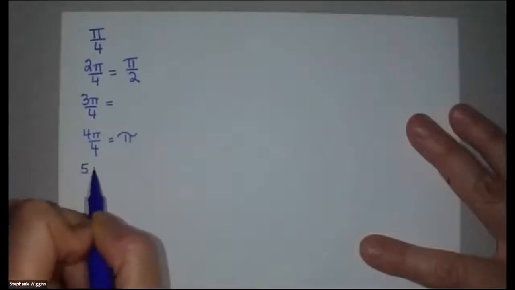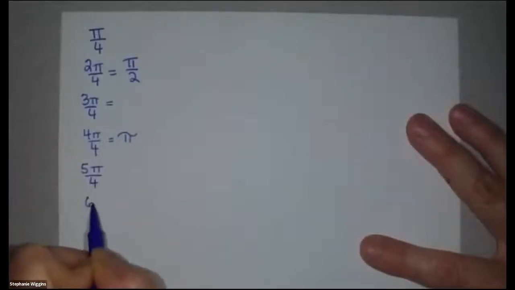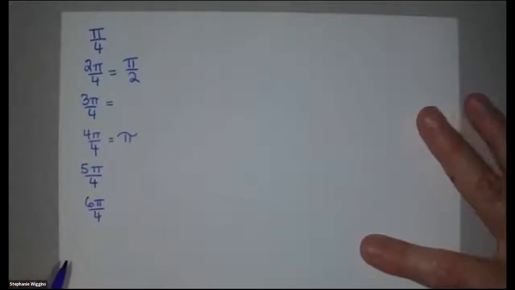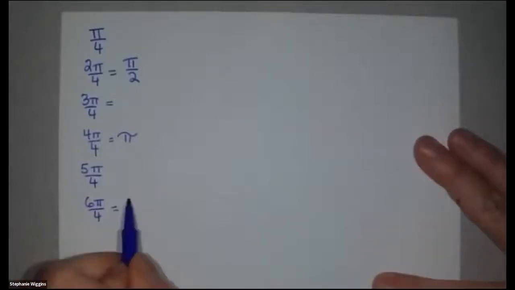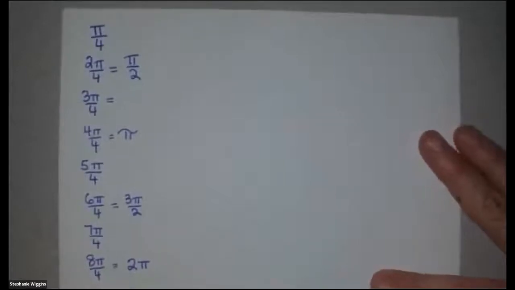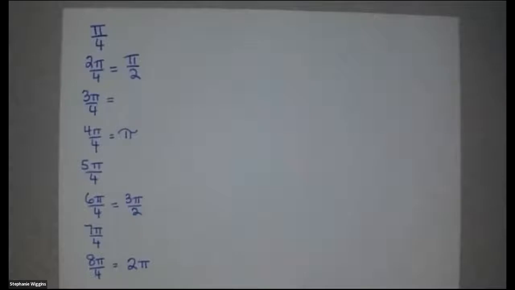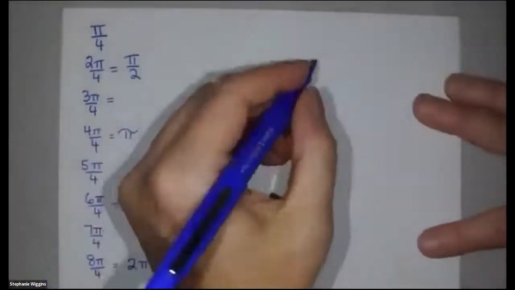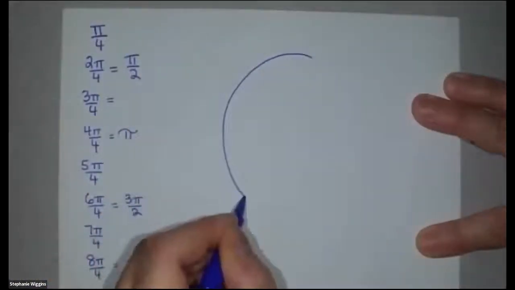Then we have 5 pi over 4, 6 pi over 4, that simplifies to 3 pi over 2. And then we have 7 pi over 4 and 8 pi over 4, which of course is 8 divided by 4, is 2 pi. Okay, so these are when you take your half circle and divide it into fourths, or you're taking your whole circle and dividing it into 8 parts.